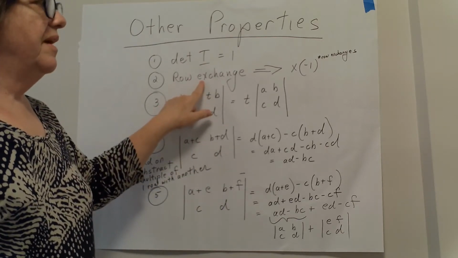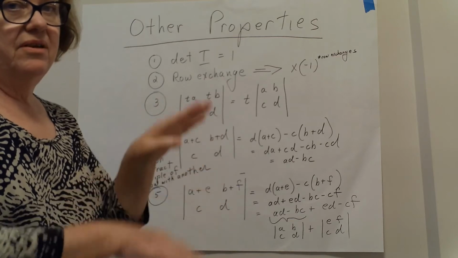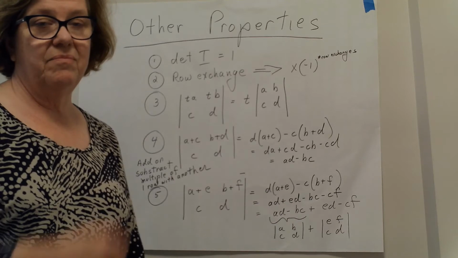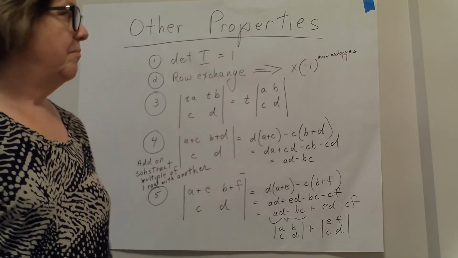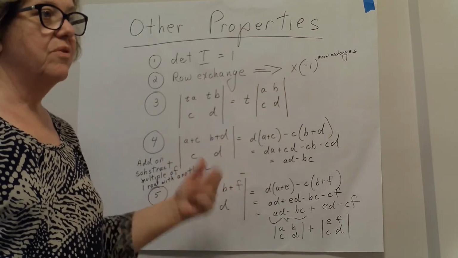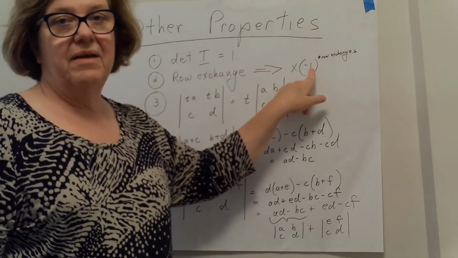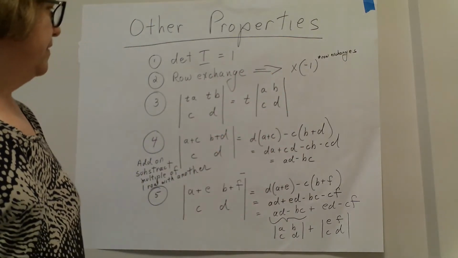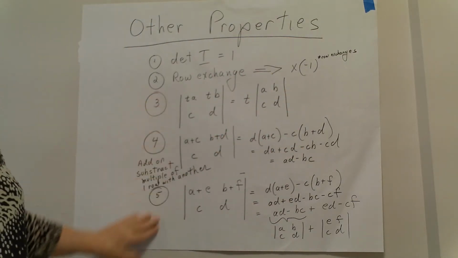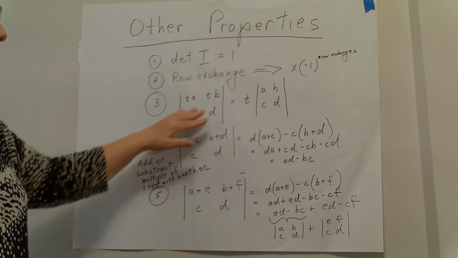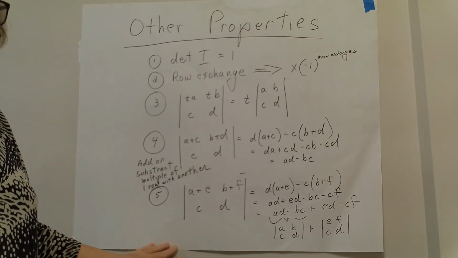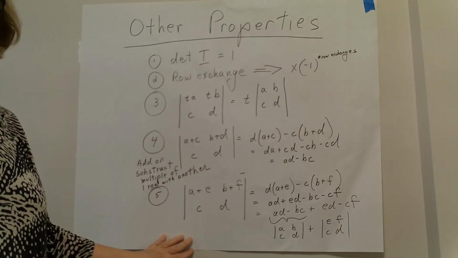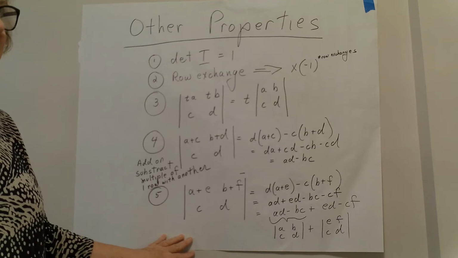We already mentioned that row exchanges change the sign of the determinant by negative 1. So if you have one row exchange, you multiply by negative 1. If you have 2, it's by 1. If you have 3, it's by negative 1. There are a few other properties that he mentions. He uses specifically 2 by 2 matrices, but you can prove all this for n by n matrices. And maybe we'll look at that next week.